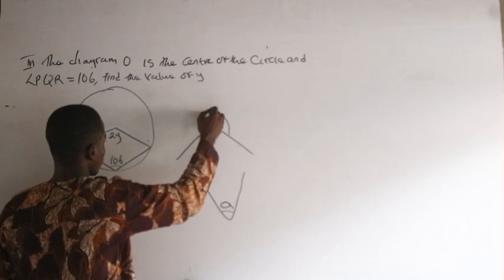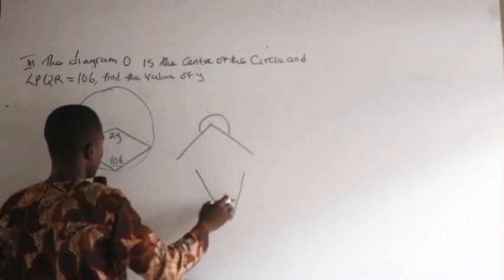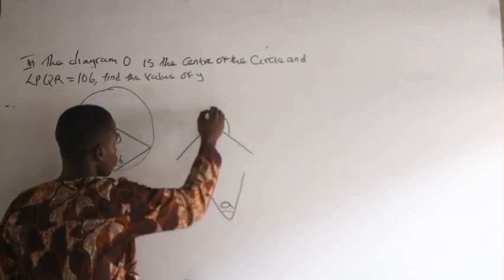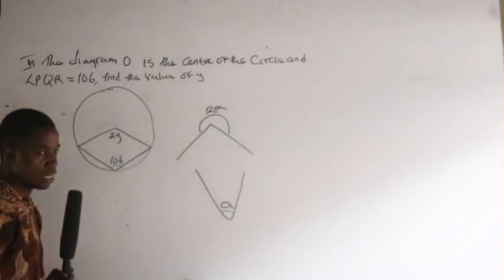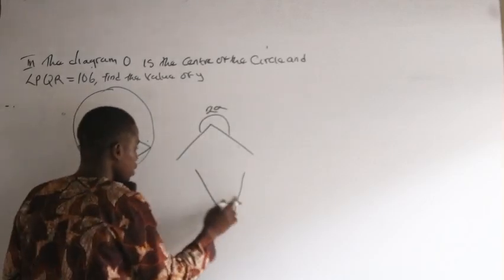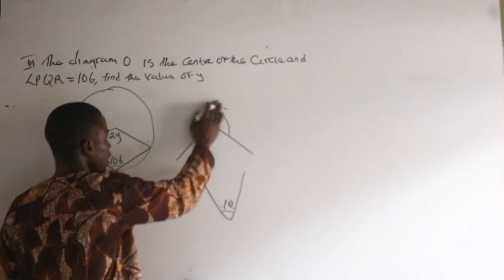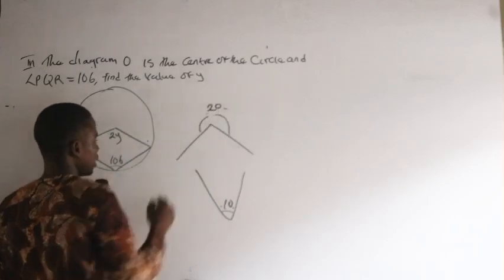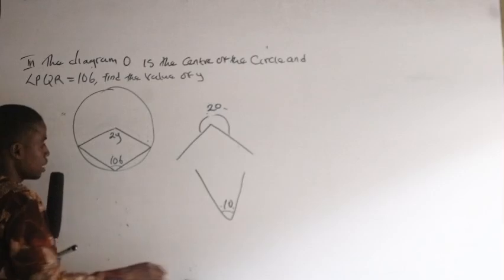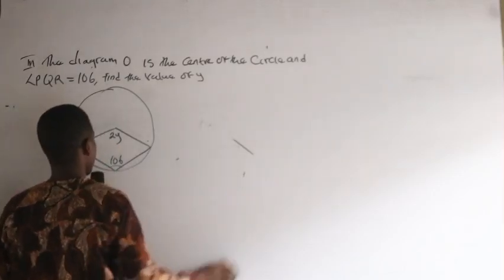This one will now be 2A. It means that if this place is 10, what can we have here? 20. You twice it. Now, it's the same thing as that one.